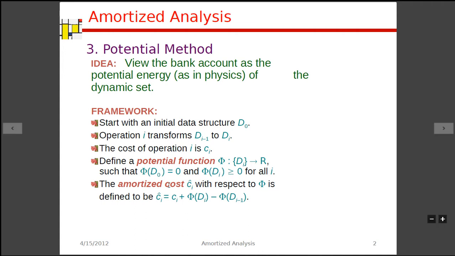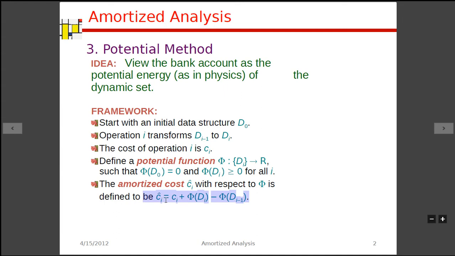Now, the amortized cost, C-hat of i, with respect to phi, is defined as C-hat of i equals C of i plus phi of D of i minus phi of D of i minus 1. Let us try to understand what exactly this particular formula means. This is going to calculate the upper bound.